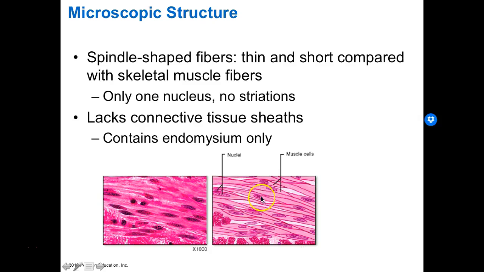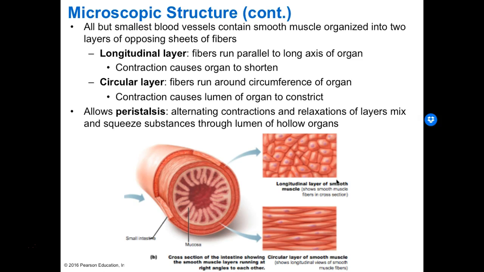They also have a nucleus centered in the middle. That's really going to distinguish smooth muscle, as well as having no striations. We only have an epimysium in our smooth muscle as well, so they have a very different arrangement.